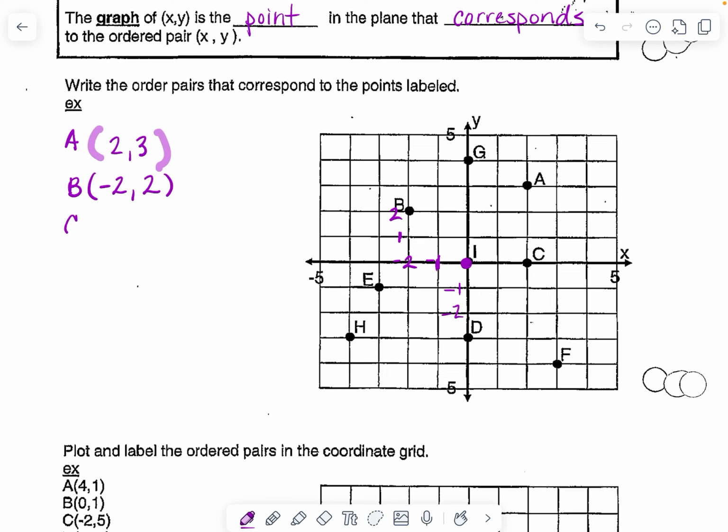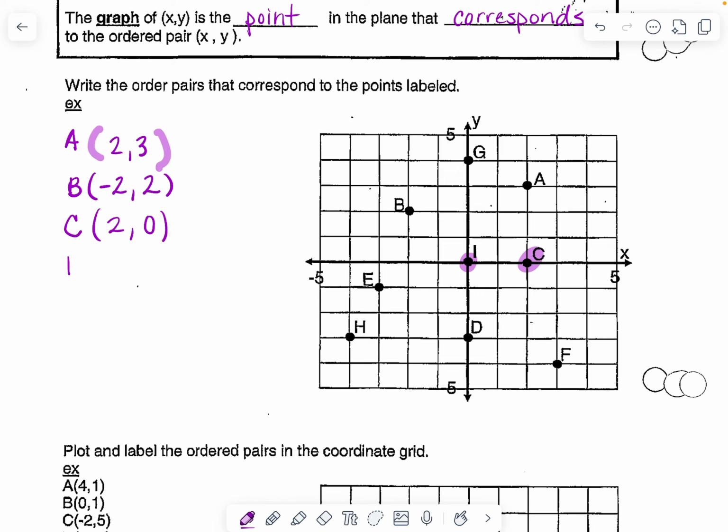All right, let's look at point C. Point C is happening 2 squares to the right and 0 squares up or down. So if you focus in over here on point C, you're starting at the origin, and you're moving 2 squares to the right, which is a positive direction. So 2 squares right, and nowhere in the y direction, so we're going to just put 0.